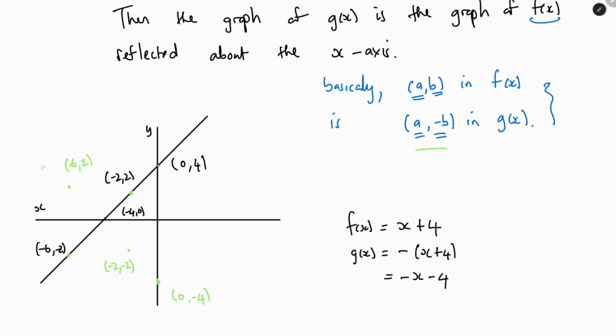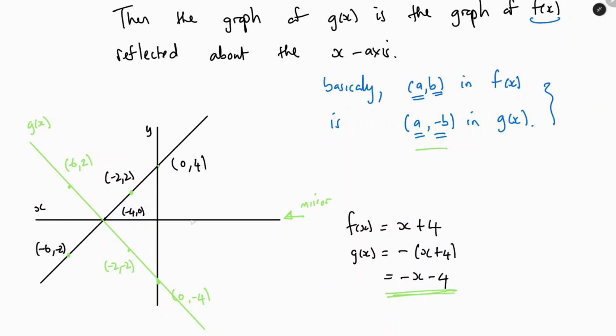And you can see what's happening here. What we have is a straight line that looks like this, and that would be g of x. And you can of course see algebraically this green line is the same as the line minus x minus 4. So what we've done here is we've just reflected each point in the axis, which acts like a mirror.